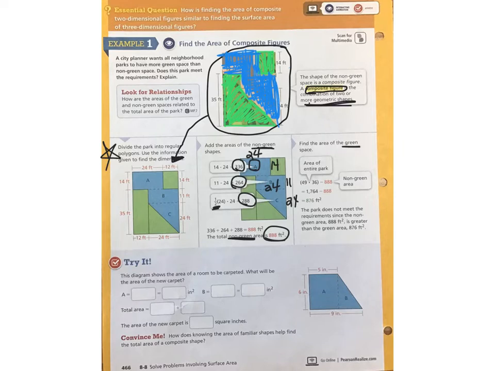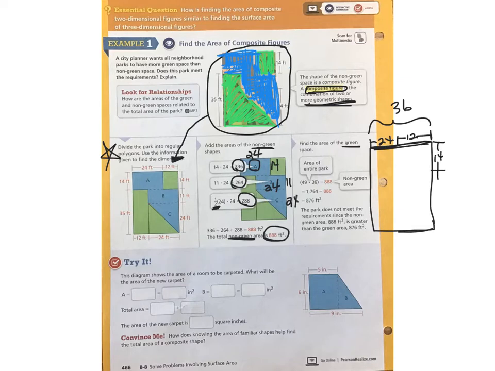So the area of the entire park is what they're looking at here. That's the entire rectangular figure, okay? Had a total distance across the top here. Remember, 24 plus 12. So this dimension here is 36. And then the distance here along the side, you had a 14. You had 11, and then you had 24.